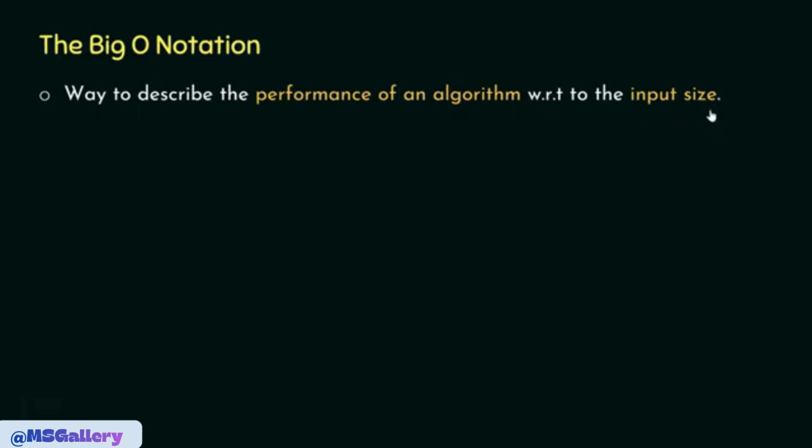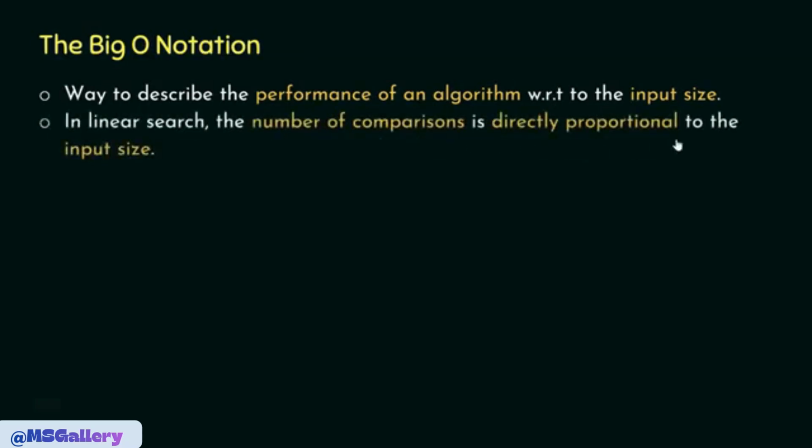the times. Also, in one of our lectures, we discussed linear search and binary search. We learned that in case of linear search, the number of comparisons is directly proportional to the input size. Now, what does this mean? In order to understand this, let's compare the number of items with the number of comparisons a linear search takes.